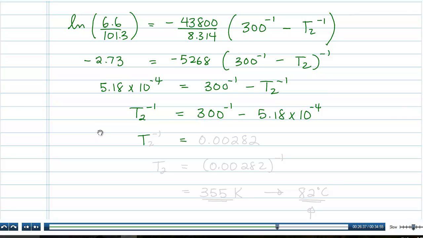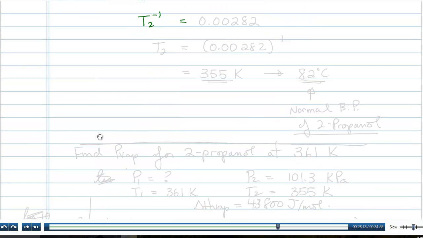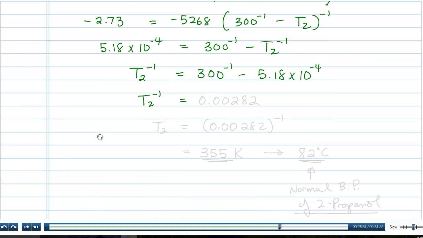Now I grab my calculator, and I'm going to use that little x to the minus 1 button, which is right below the math button on your calculator. 300 to the minus 1 minus 5.18 times 10 to the minus 4. Be sure you're using your scientific notation button, the EE button. Equals 0.0028215.